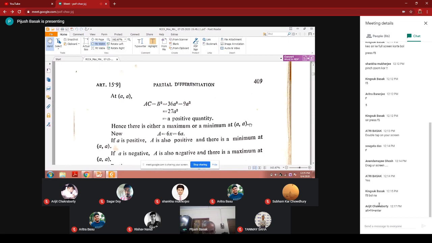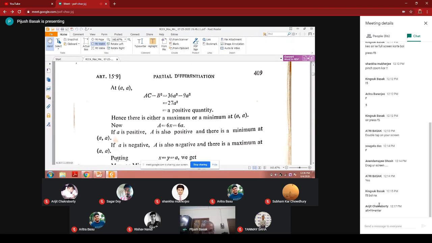But to examine, now A is equal to 6x. That is 6a at the point (a, a). Capital A is equal to 6a. So if A is positive, there is a minimum at the point (a, a). As per definition, there is a minimum at the point (a, a). If A is negative, there is a maximum at the point (a, a).